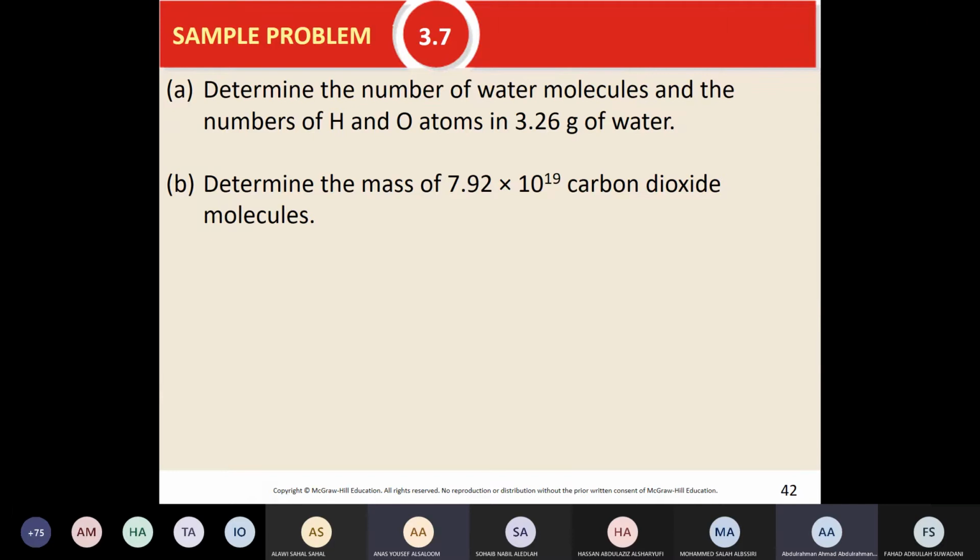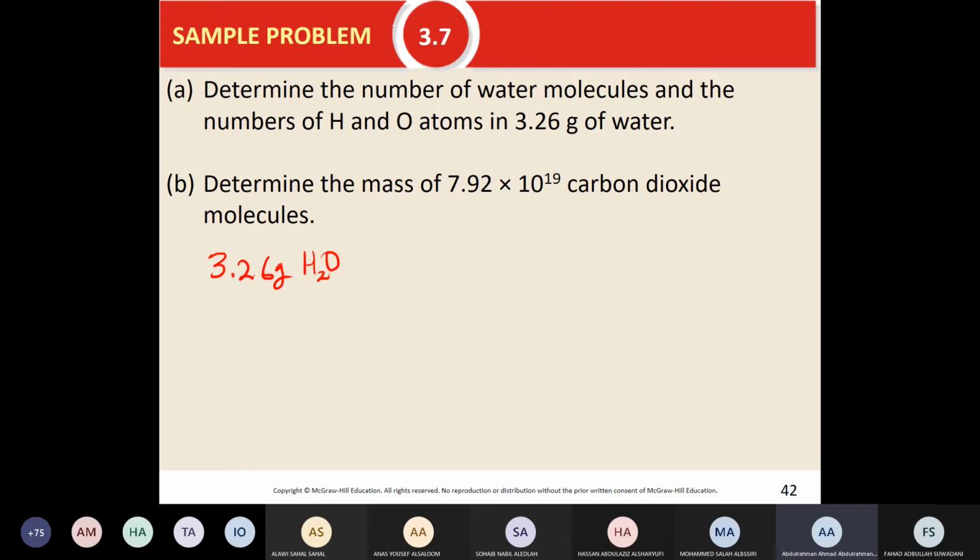Okay, now let's solve. Determine the number of water molecules and the number of H and O atoms in 3.26 gram of water. We have 3.26 gram H2O.